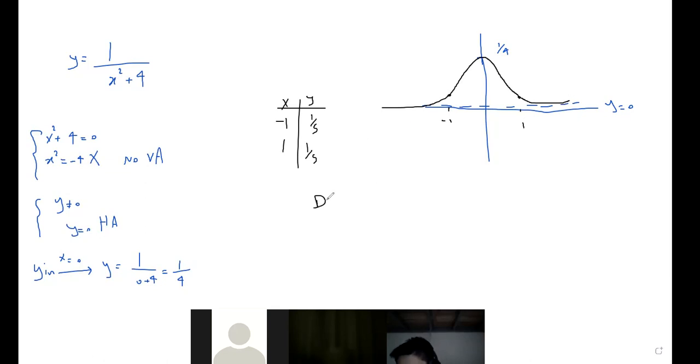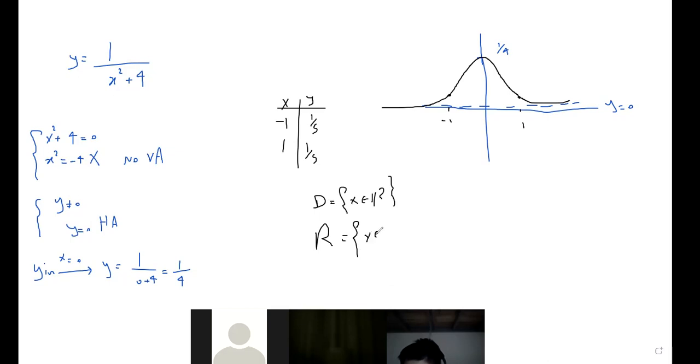For the domain, again, x belongs to real numbers. Restriction for x. Do we have any x restriction? No, we don't have any vertical asymptote. And the range, be careful about the range.